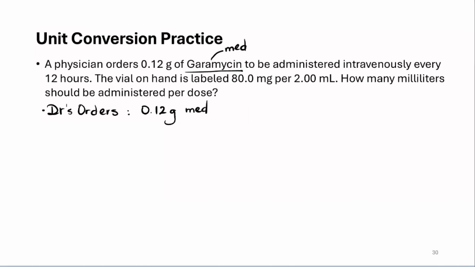Next, we have a specific amount of garamycin that can be delivered for a specific volume. So the information in that second sentence, meaning the vial on hand, that's what we called the clinical factor.